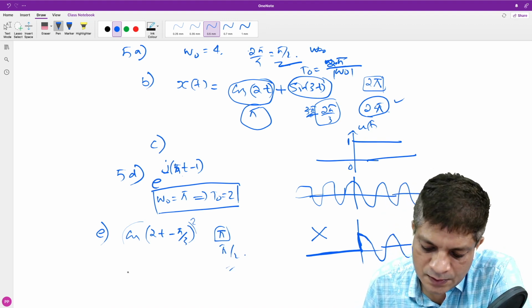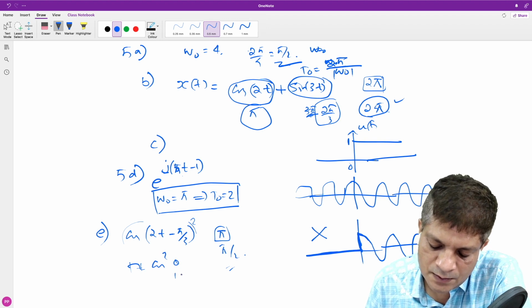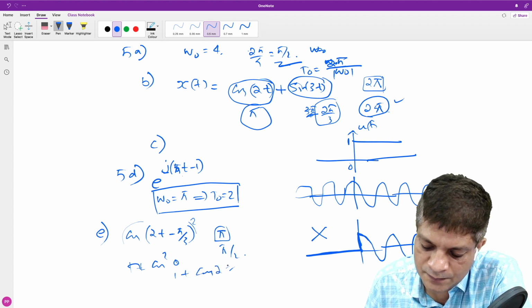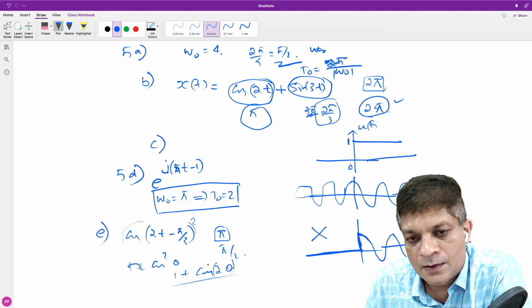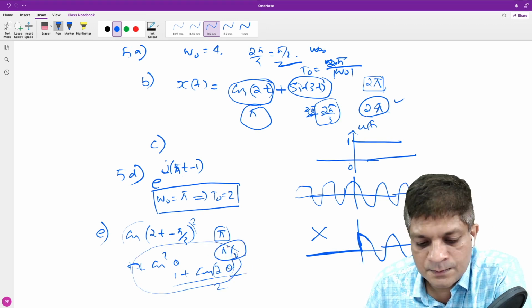Or you can write it in terms of cos: cos square theta is 1 plus cos 2 theta over 2, which you can expand and then find the period. Okay, so that is pi by 2.